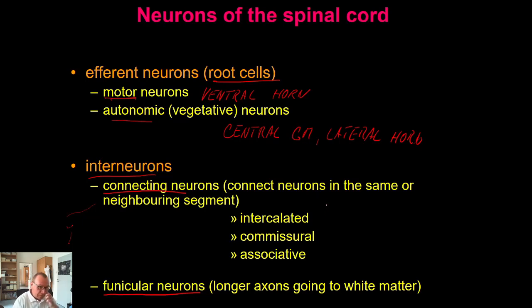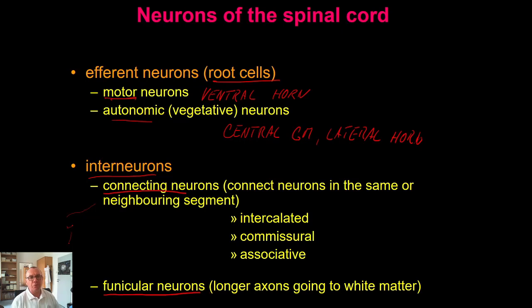So they have only short axons, they belong to Golgi type 2 neurons, and they can be intercalated, commissural or associative. I explain it in the next schema.